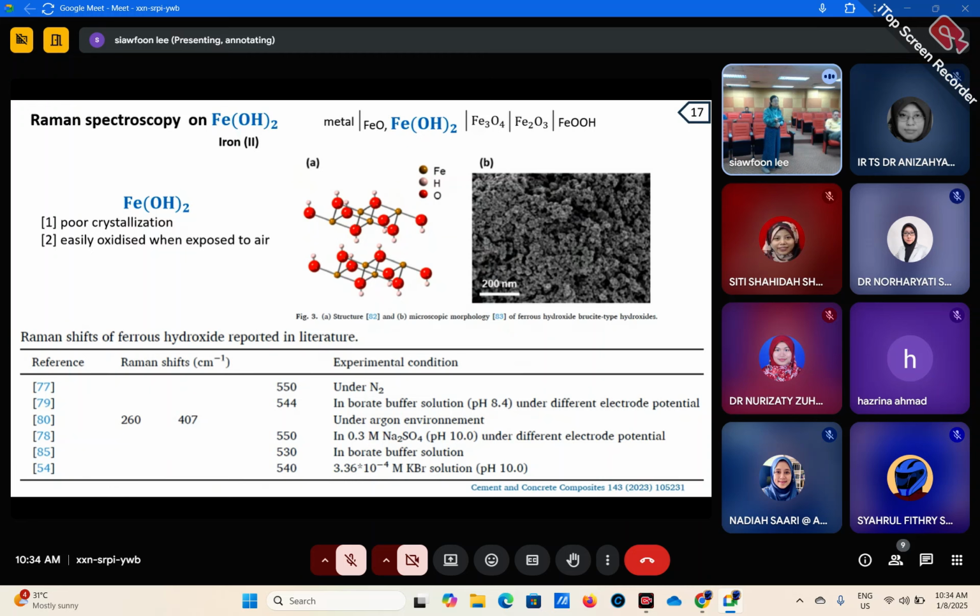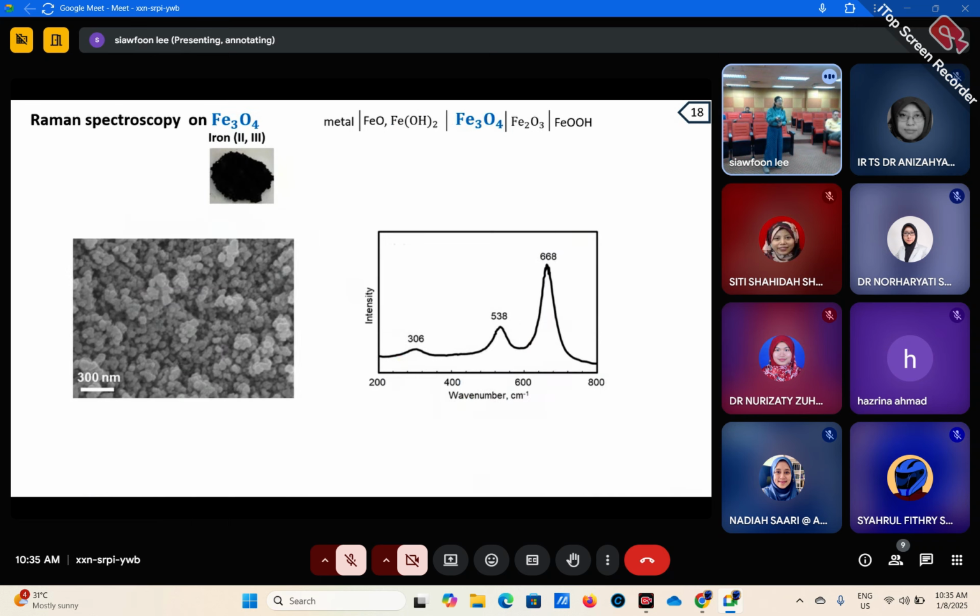But the rest, they use Raman spectroscopy, and they detect that the peak is around 500 something. And another one, the passive film when it goes to the corrosion product, they detected 306, 538 and 668.